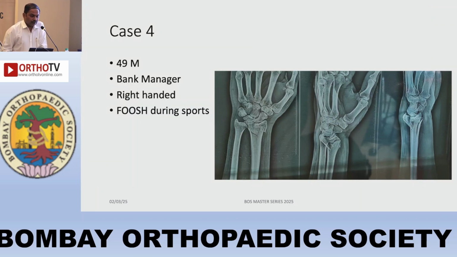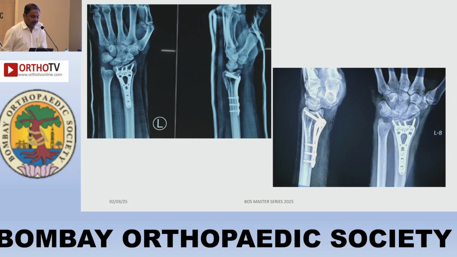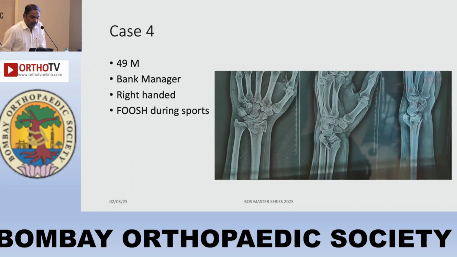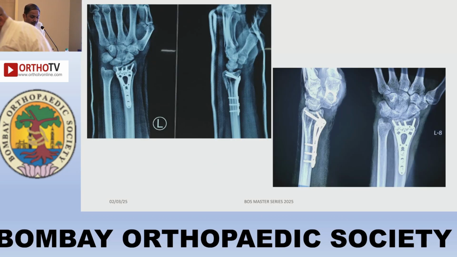Case 4. Now this particular case is an interesting one. This is a bank manager, right hand, and he had an injury during sports activity. But herein he had a significant dorsal rim fragment. Why this case was highlighted is that since the volar cortex was injured, I decided to approach it through the volar approach, and I could get purchase onto this dorsal rim fragment very well.